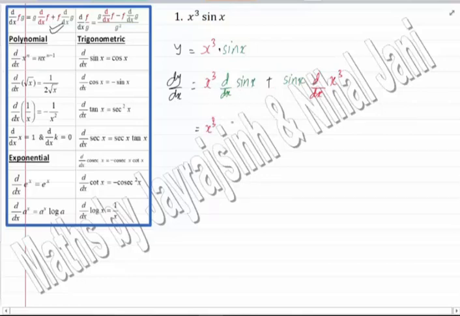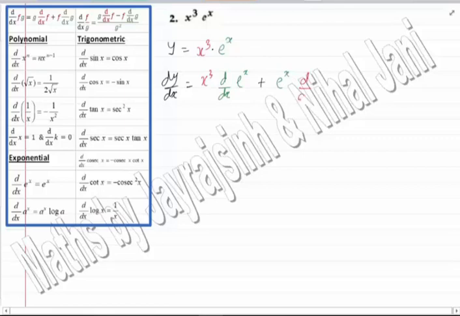We have to differentiate sin x, which will be cos x, plus sin x will remain as it is. We have to focus on the differentiation of x cube, which is 3x square, right? For more simplification, we can take x square common, so it will be x square times x cos x plus 3 sin x. So tada, this is your final answer.